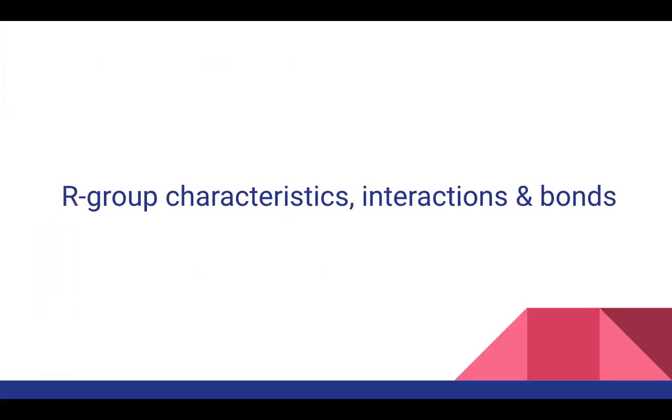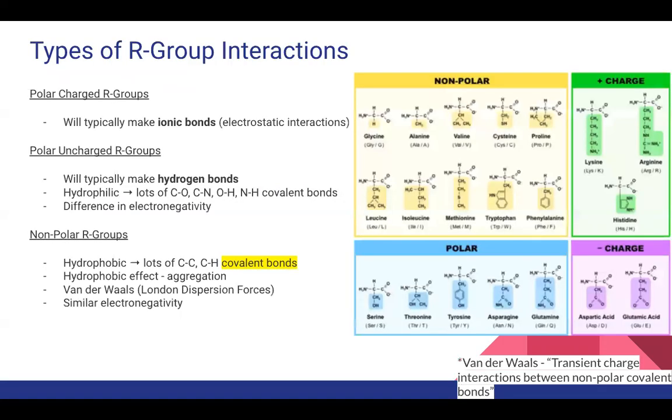Okay, and now we're going to talk about the R groups and the types of interactions and bonds that take place. We have polar charged R groups, and these ones are right here. We have the positive charge, three of them, and the negative charge, two of them.